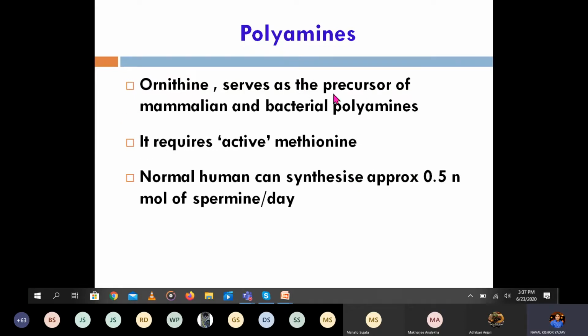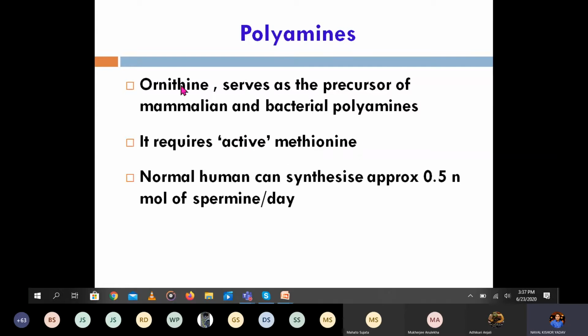The precursor for the polyamines is a substance called ornithine. Ornithine acts as a precursor for the biosynthesis of polyamines, in both bacteria and mammals. It also requires another molecule, the active form of methionine.